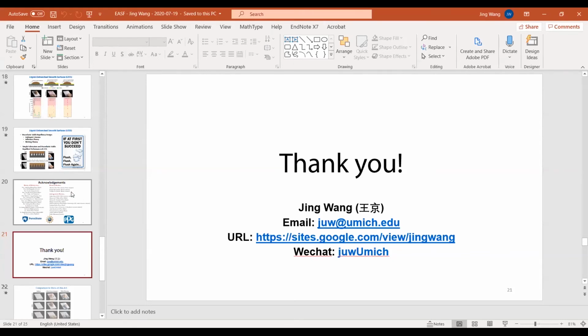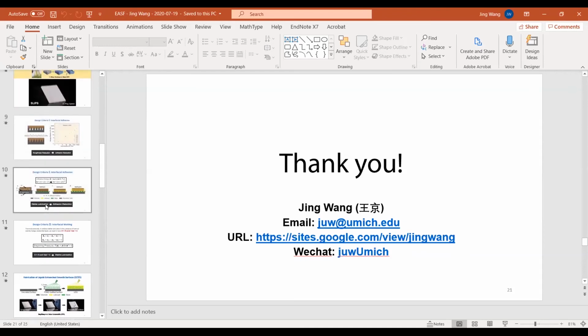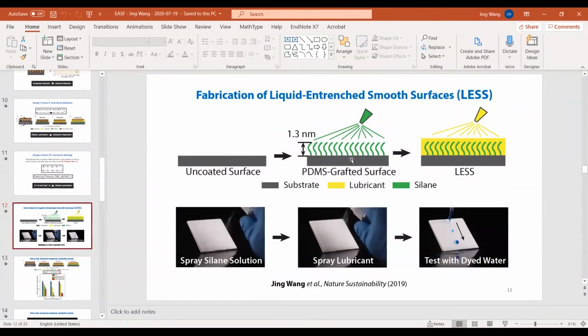To my understanding, your coating is something like you grow the polymer brush on your substrate, and then this polymer brush will contain some liquid. Yes.